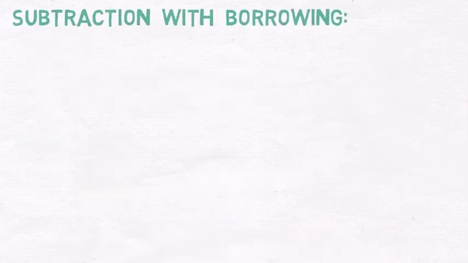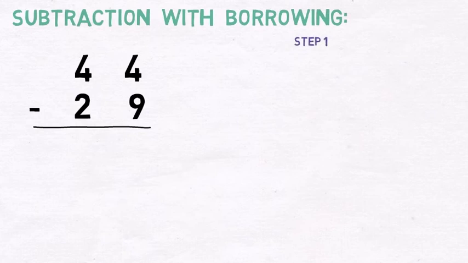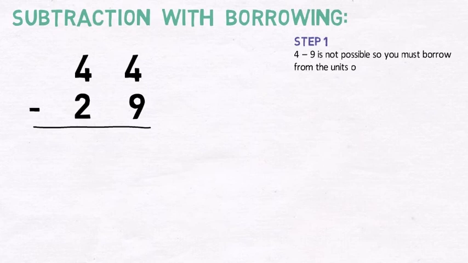Subtraction with borrowing. Step 1. 4 minus 9 is not possible, so you must borrow from the units of 10.